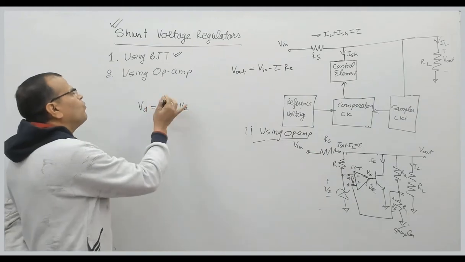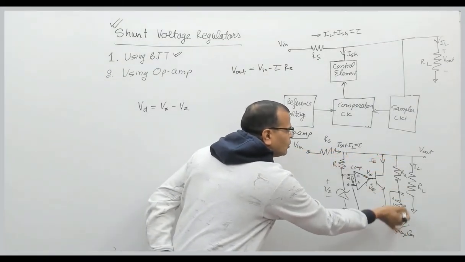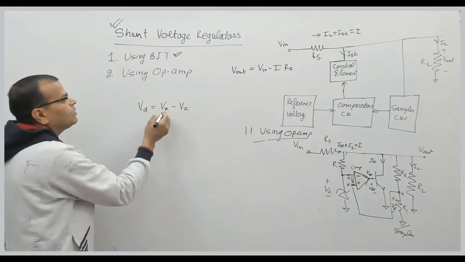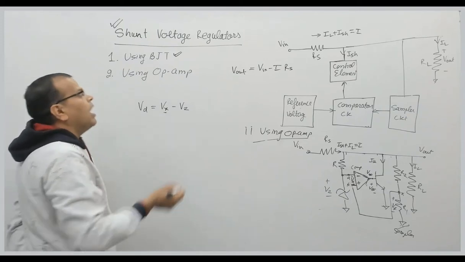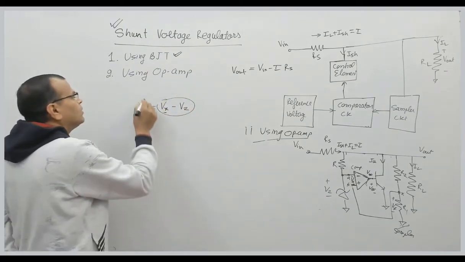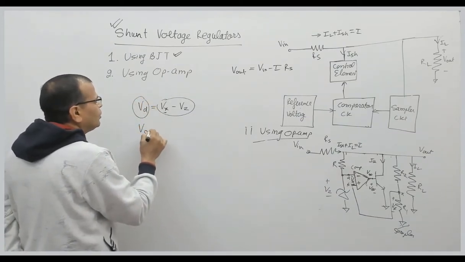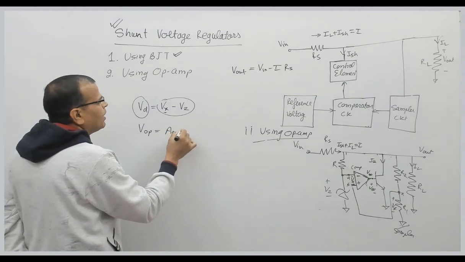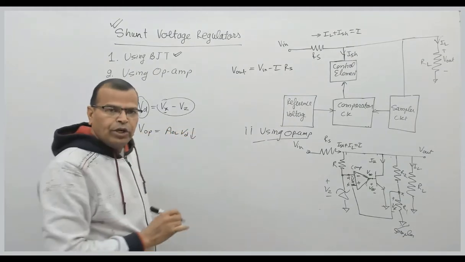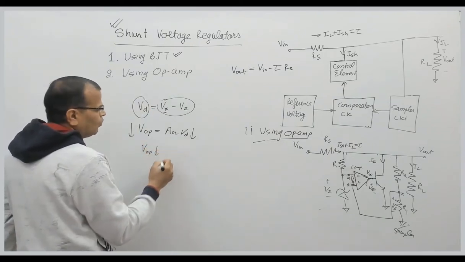When the output voltage reduces, the voltage across R1 reduces, so Vx is reduced, and this difference will reduce. That means Vd is reduced, and we know the output voltage of the op-amp is the open loop gain times Vd. So when Vd reduces, the output voltage will reduce.